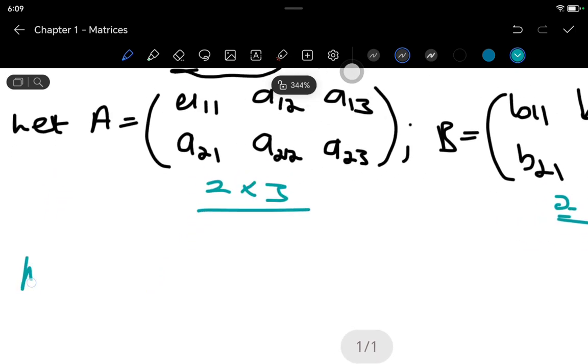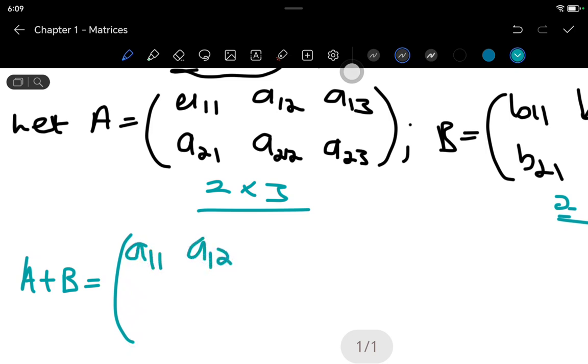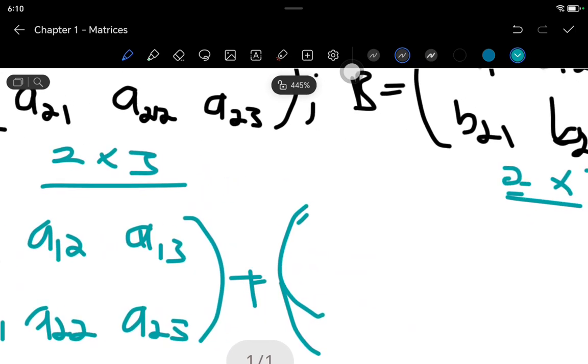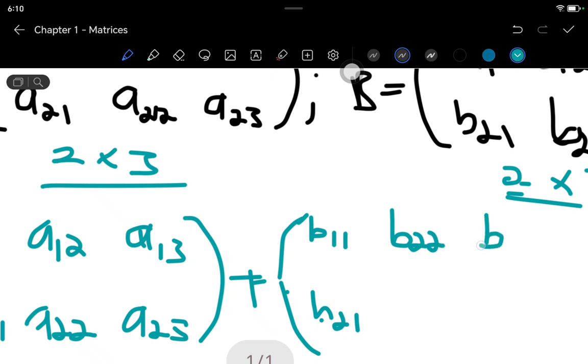So I can say A plus B is equal to, first I need to directly substitute, right? A11, A12, A13, A21, A22, A23. Then I add it with B, which is B11, B12, B13, B21, B22, B23.